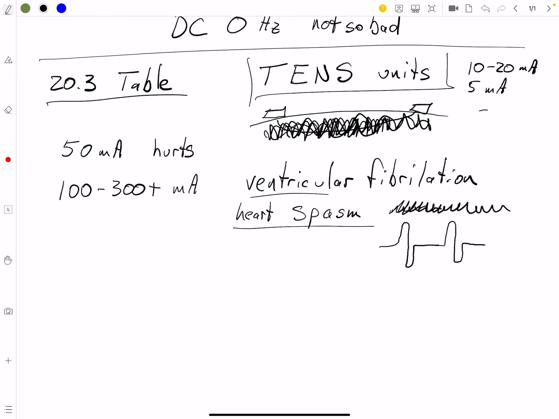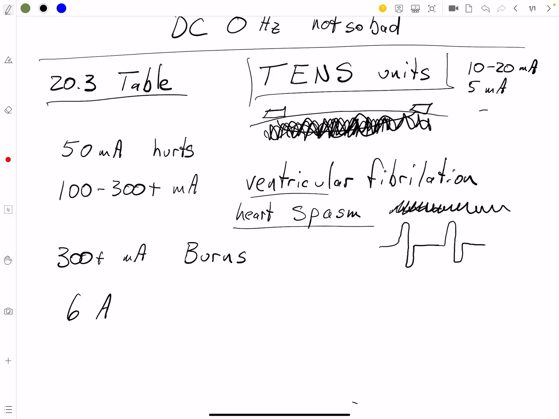All right, so what do we have past that? Onset of burns, 300 plus milliamps. You're going to get burns on your skin. Okay, bad. Let's go all the way up to 6 amps.